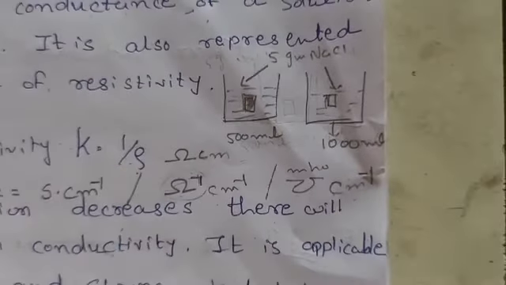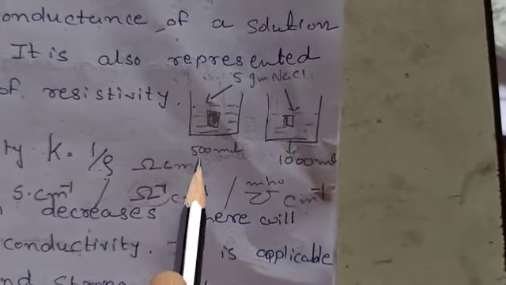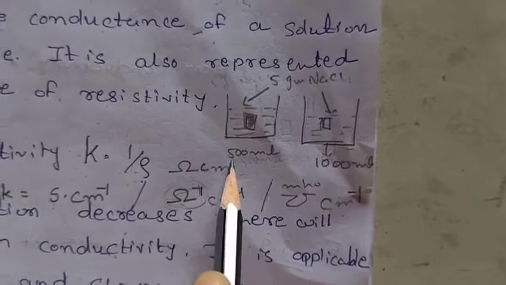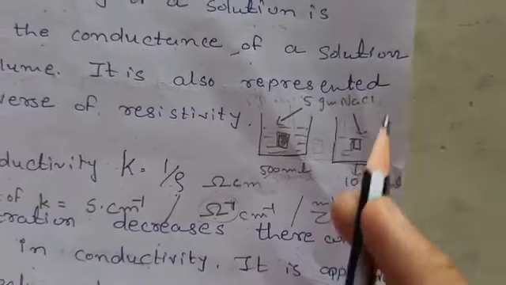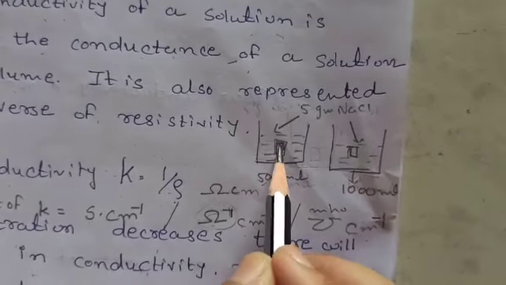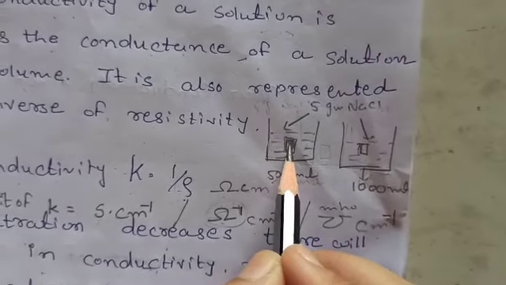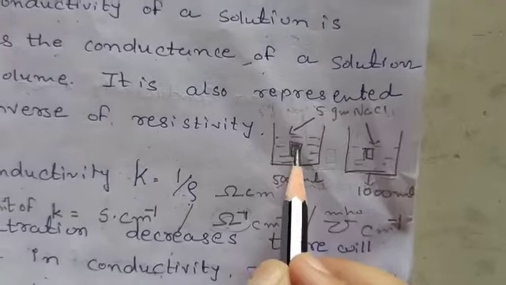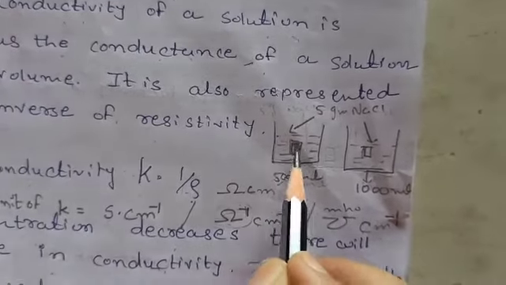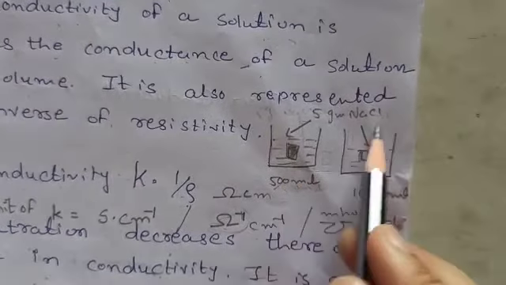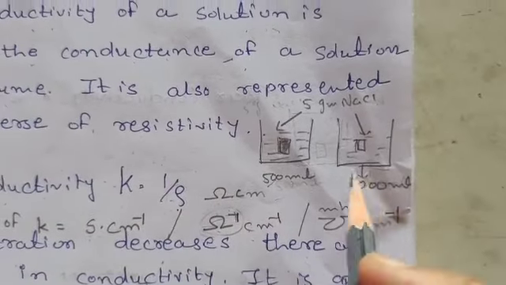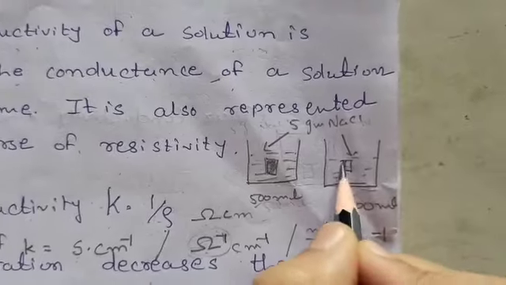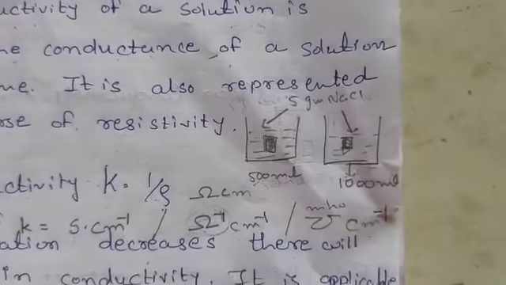Now you have to discuss the variation of conductivity with concentration. If we take 500 ml solution and in that solution we add 5 gram of NaCl, the number of ions present per unit volume is greater than if we add that 5 gram of NaCl in 1000 ml water, right?